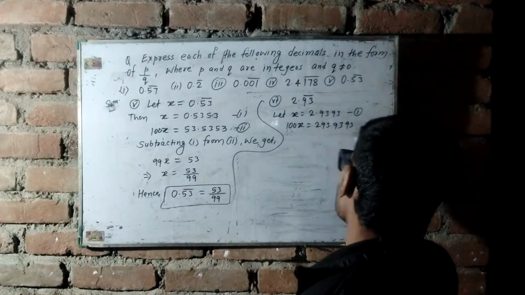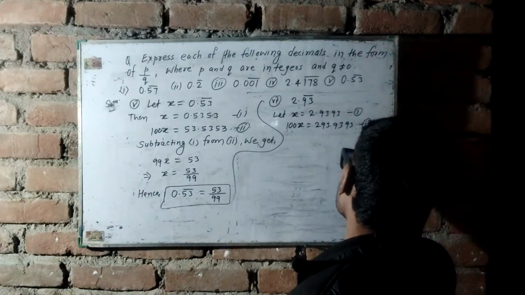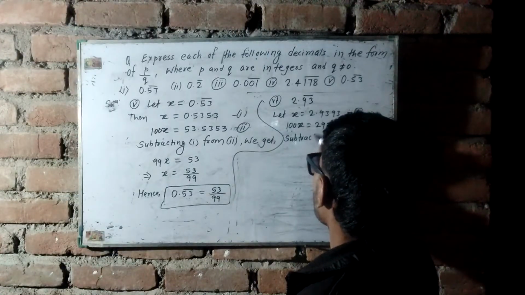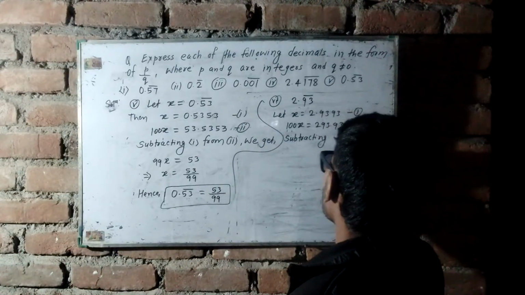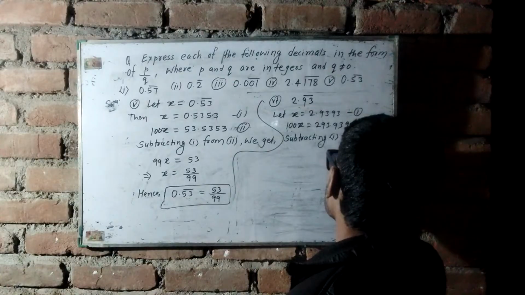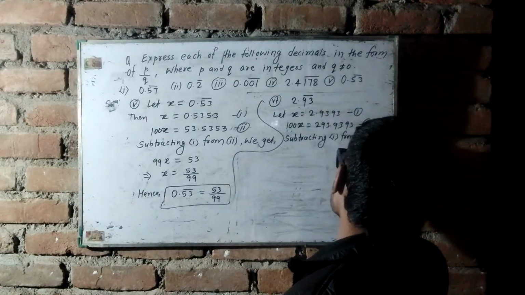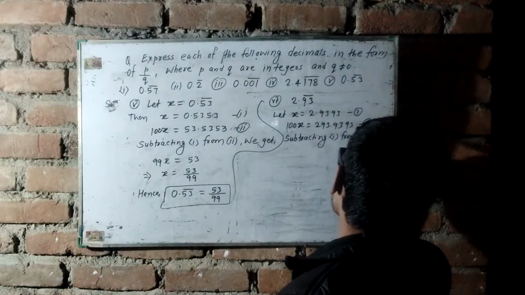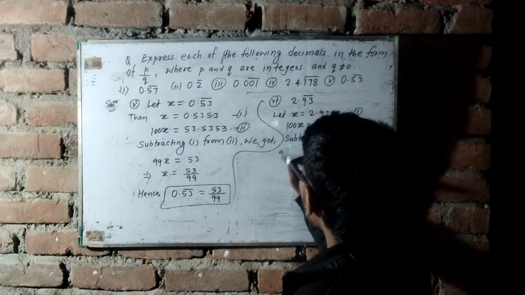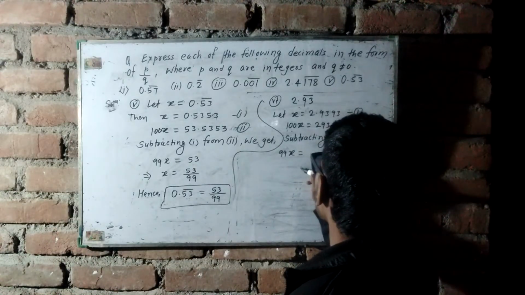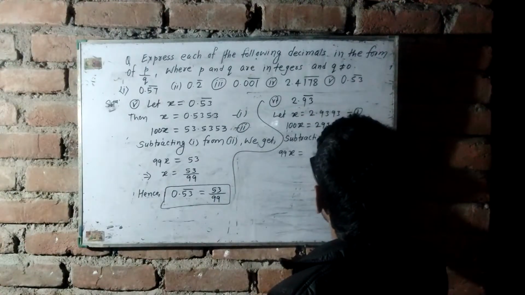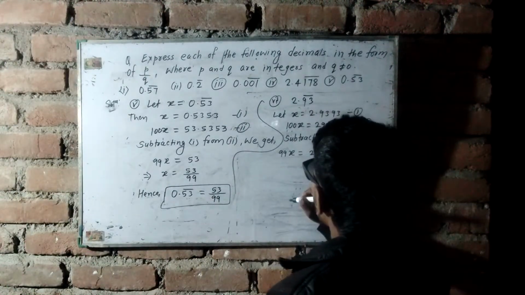Let this expression be equation second. Now subtracting equation first from equation second, we get 99x is equal to 291.